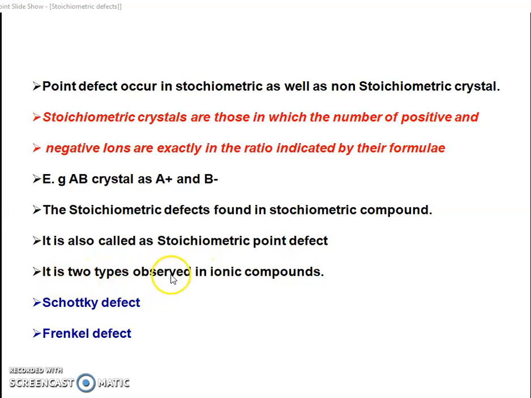There are two types of defects observed in ionic compounds: Schottky defect and Frenkel defect. Now let us see the Schottky defect.